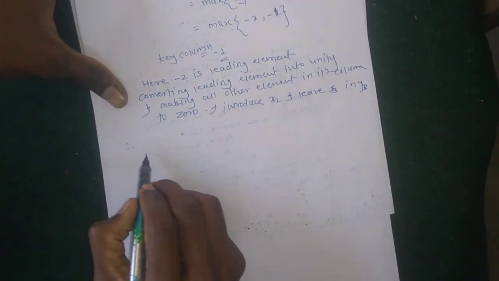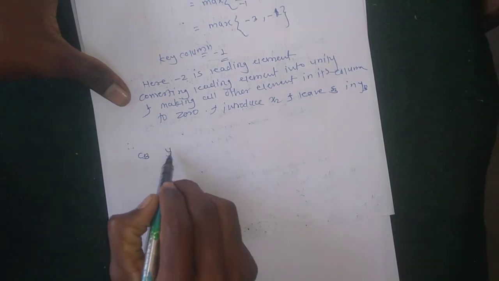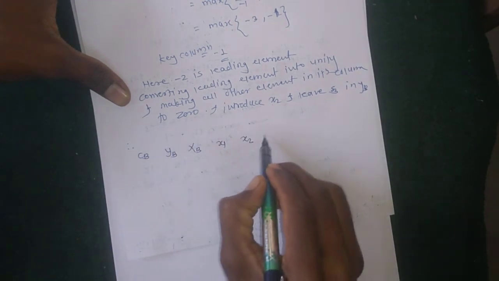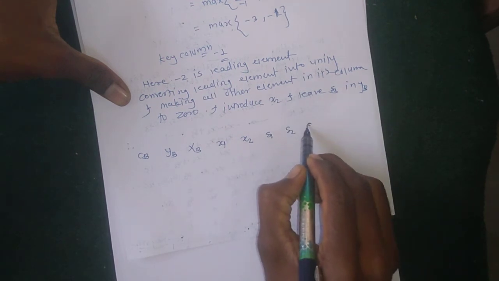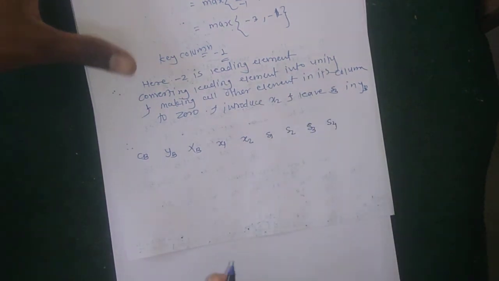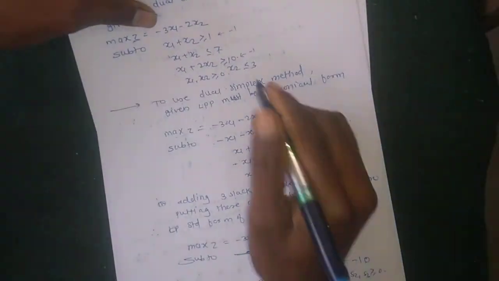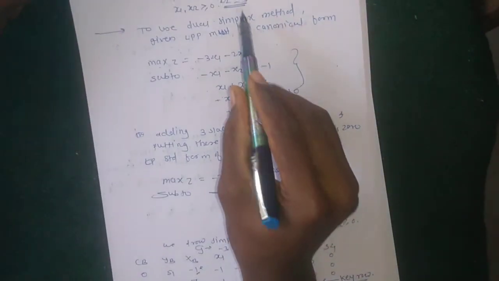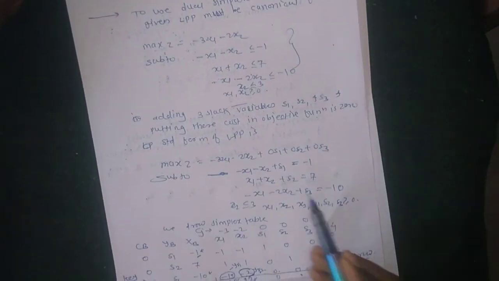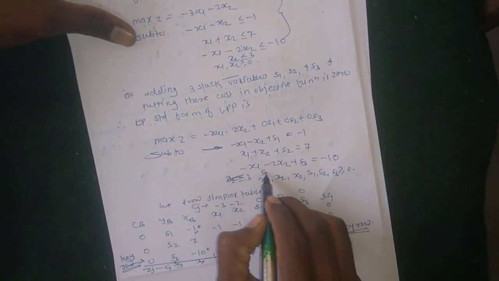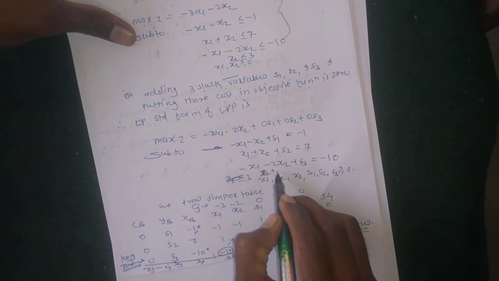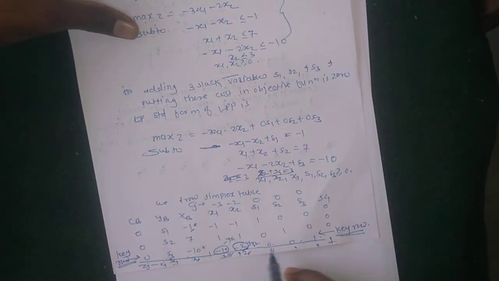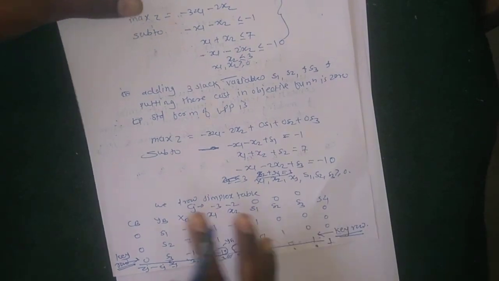So here is cb, yb, then xb, then x1, x2, s1, s2, s3 and s4. The third constraint is x2 is less than or equal to 3. Adding it in this way has no effect on the others. Here x2 plus s4 equals 3, and we add one column for it.